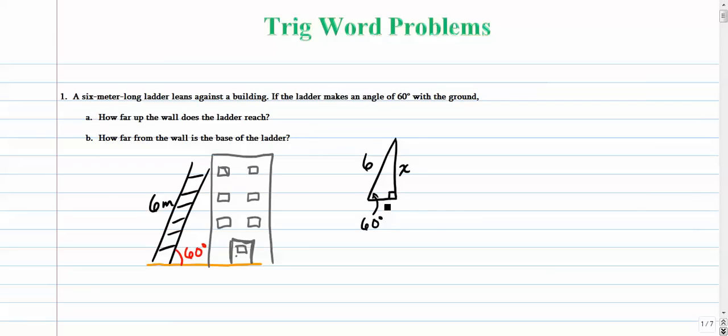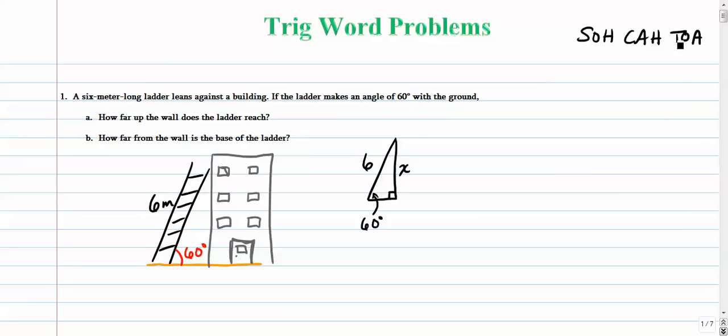Alright, so this is going to be either sine, cosine, or tangent. Since we're looking for a side length, we're just going to use the regular version of all three of those. And we have an angle, we have the opposite, and we have the hypotenuse. So we're going to use the sine.